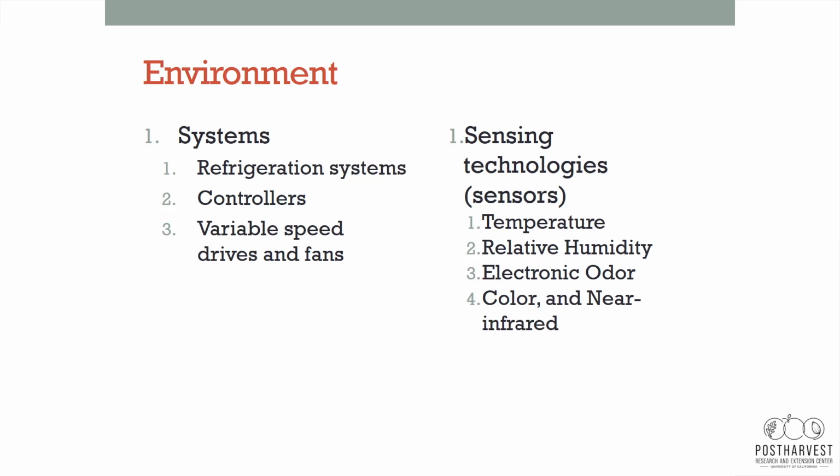We have controllers, improved or optimized controllers can help us as well. Refrigeration systems, newer and highly efficient refrigeration systems as well. There's a lot of research in that field. And then in sensing technologies, of course, sensors like we discussed yesterday: temperature sensors, relative humidity, electronic odor or electronic nose, like they call it, color and near infrared, and I'll try to go through each of them briefly.